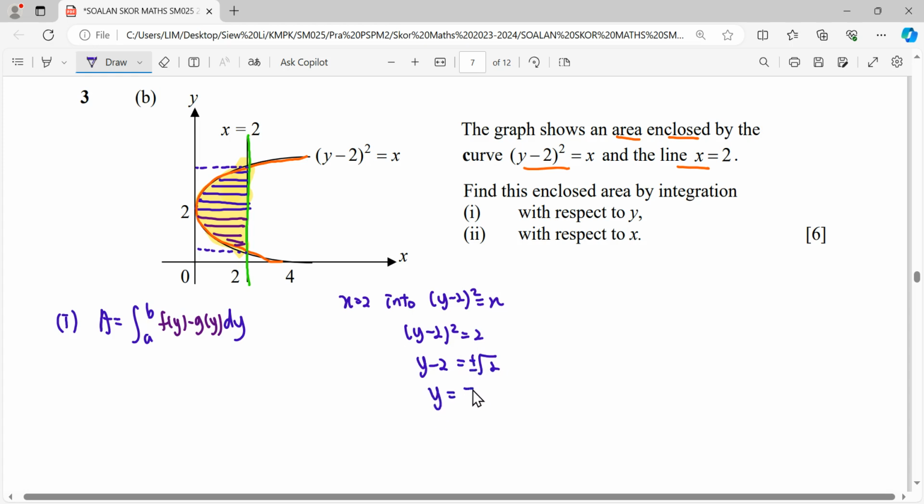So y will be ±√2 + 2. The upper limit is √2 + 2, and the lower limit is −√2 + 2. Therefore, our area will be integrated from −√2 + 2 up to √2 + 2.